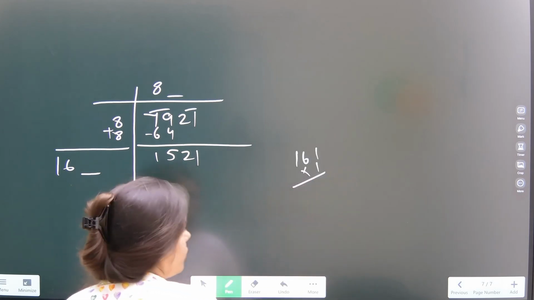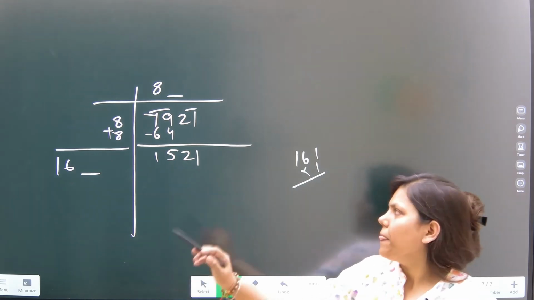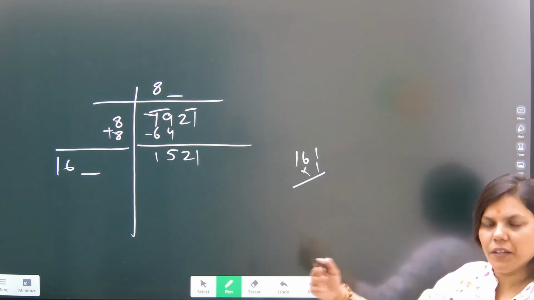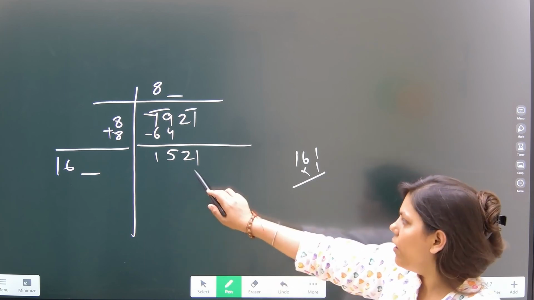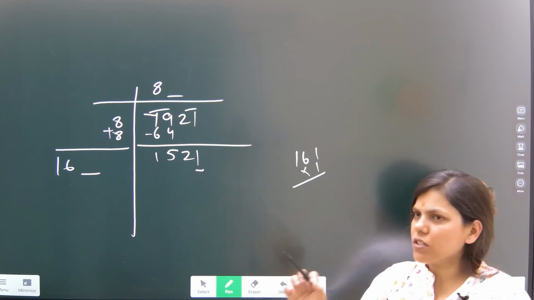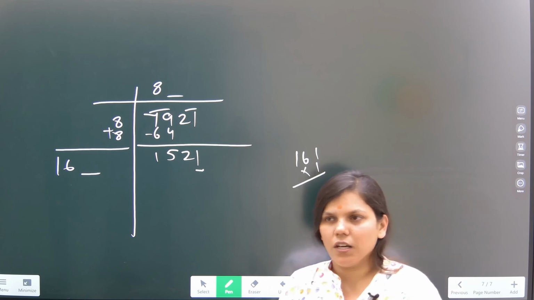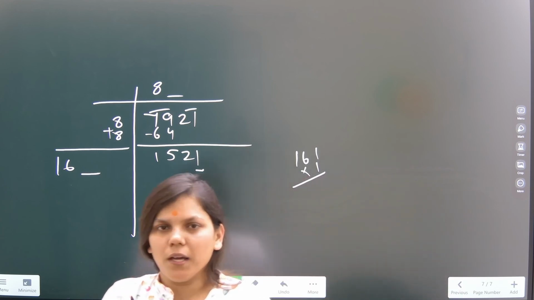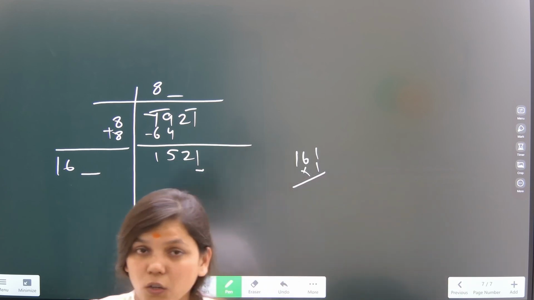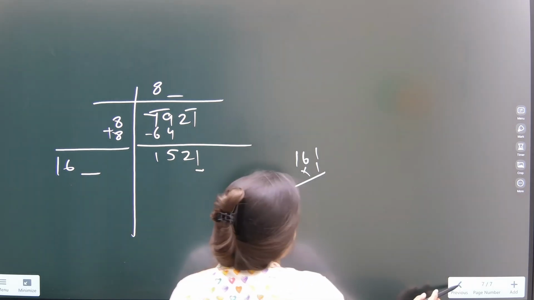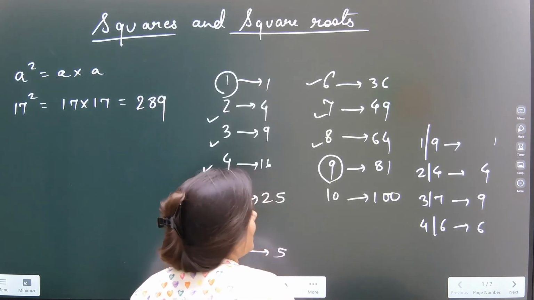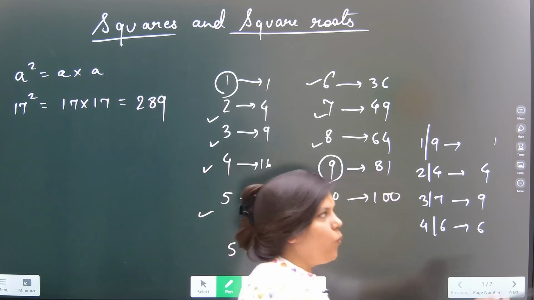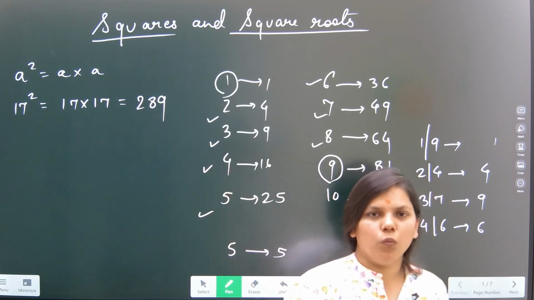Okay, so now one thing to remember. Doing this repetitive process, 161 into 1, 162 into 2, you just notice the last digit. Now, one thing I am sure of, that I told you in the earlier slide, that the square of 1 and 9 ends with 1.